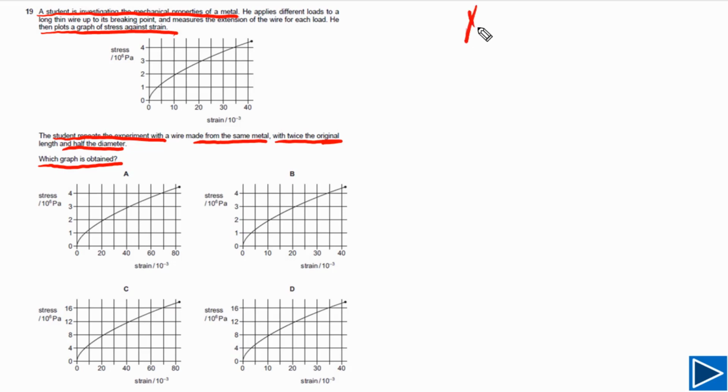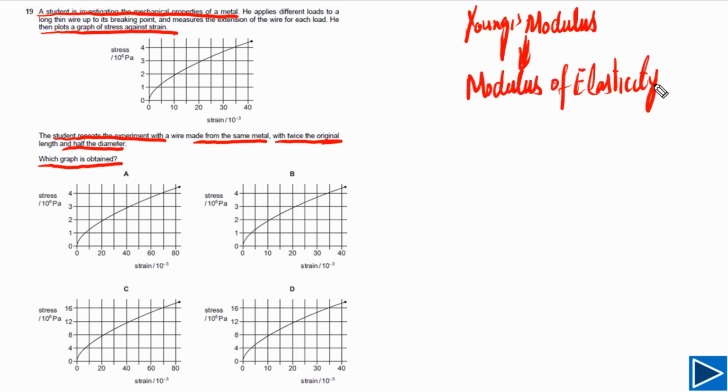Let's try to understand what exactly Young's modulus is. Young's modulus is also called modulus of elasticity. Elasticity is a very important concept to understand. It is called modulus of elasticity because elasticity is the ability of a material to regain its shape.